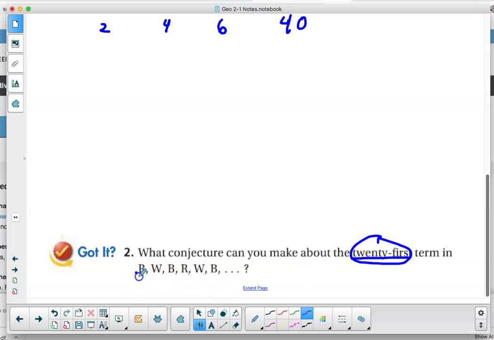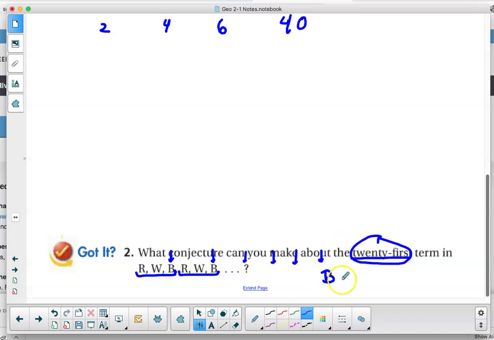So if I look at these first 3, the B's are going to be 3, 6, 9, 12, 15, 18, and 21 will be B.